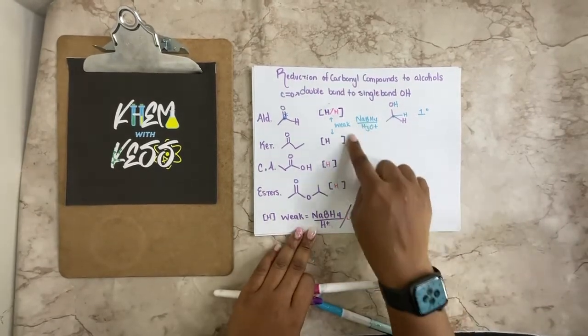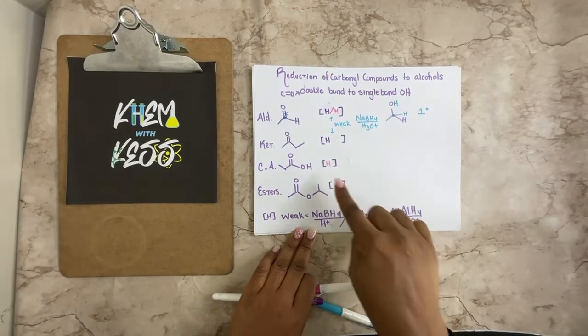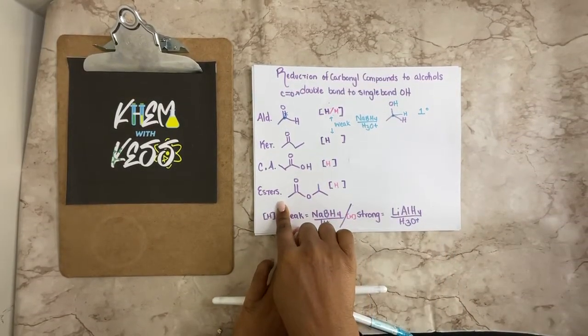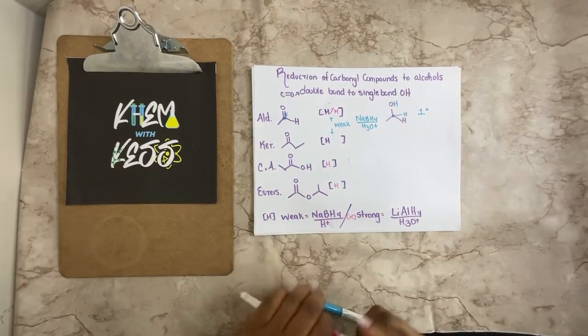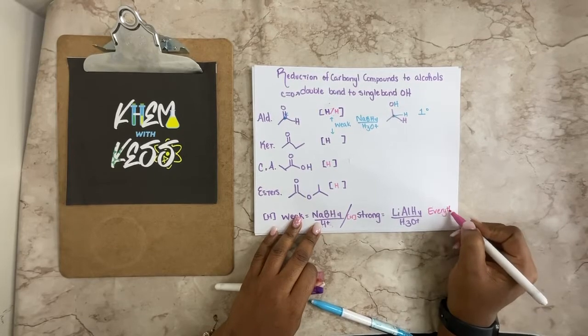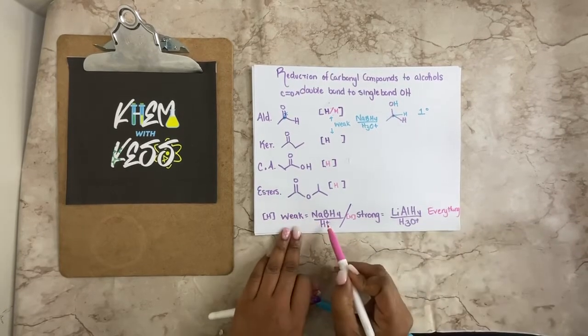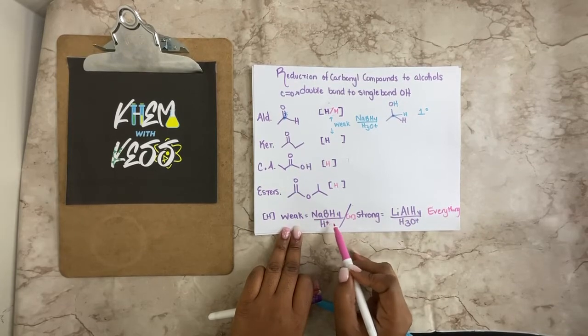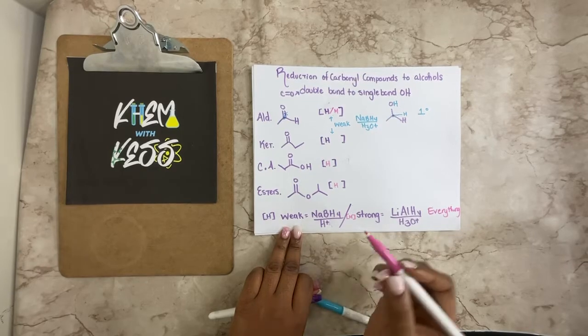But when we're using the NaBH4, later you'll see that it cannot be used on carboxylic acids and esters. So the LiAlH4 can work on everything, but the NaBH4, the sodium borohydride, is only going to work on the aldehydes and ketones.